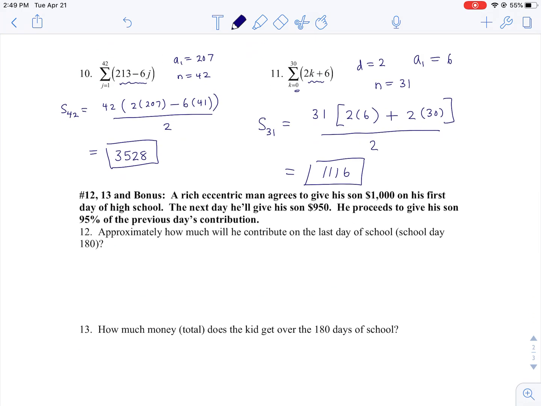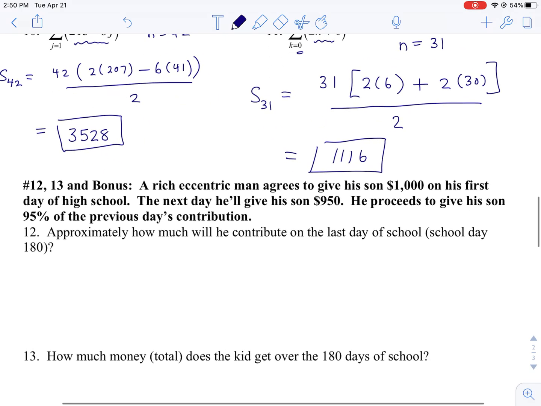Okay. Finally, just a couple of word problems to end it here. If you see this guy's given his son 95% of what he did the day before. So that's geometric because you're really multiplying the day before by 0.95. The last day of school, so school day 180, how much will he contribute on the last day of school?